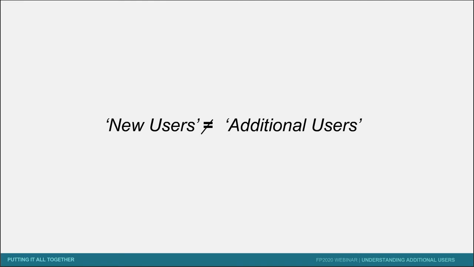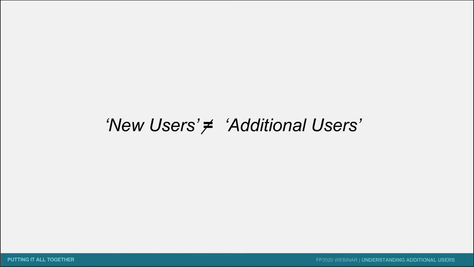We have just seen that adopters are not the same as additional users. In addition, many people mistakenly use the term new user interchangeably with additional users. The term new users has multiple definitions, including women using contraception for the first time in their life, women who are new to a specific service provider, or women using a specific method for the first time.